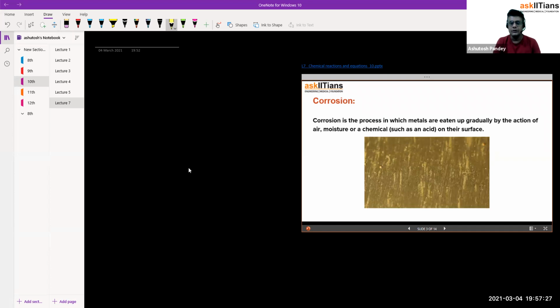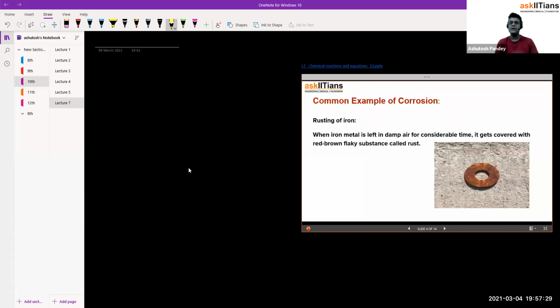A common example of corrosion is iron. We have seen the rusting of iron. All metals react with oxygen and get corroded, but iron is a very classical example that we can all relate with.